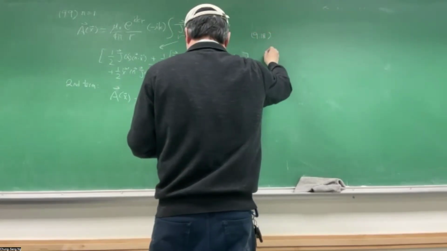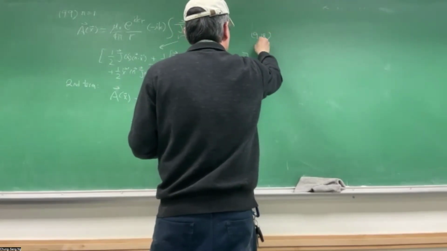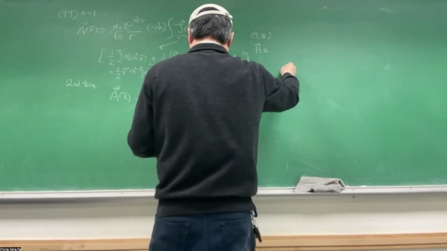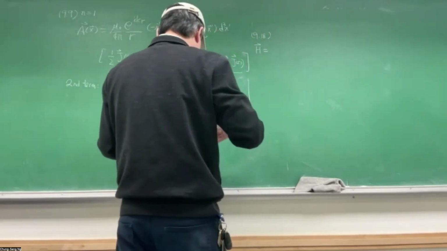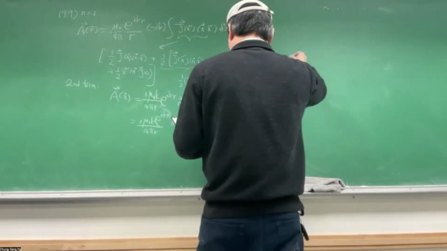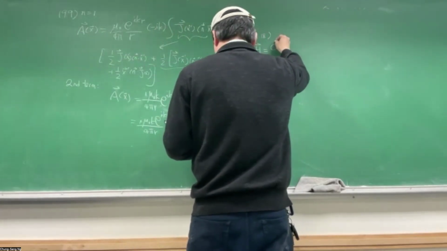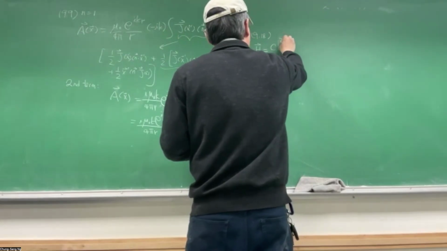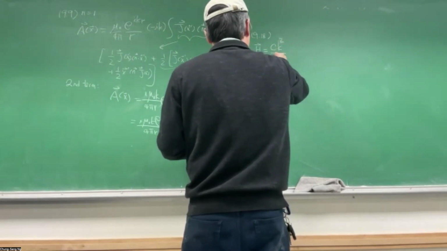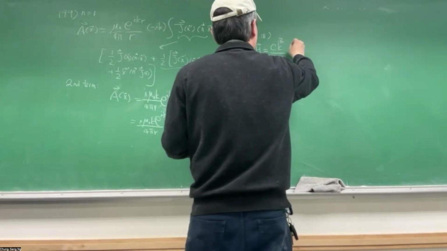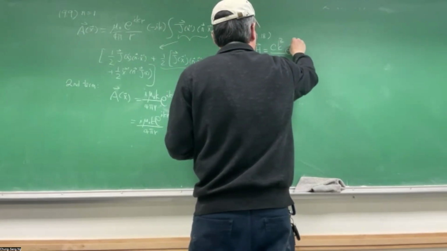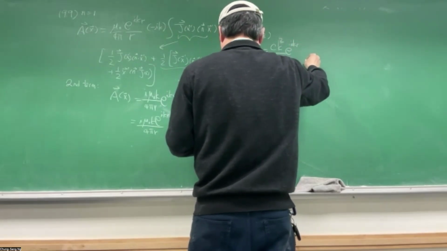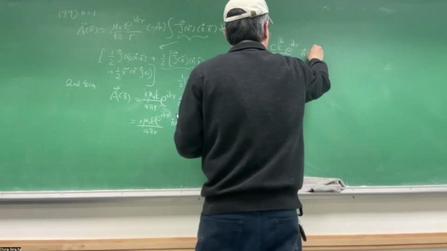This is for the electric dipole. The H field is, I'm keeping just the radiation, so k squared over 4 pi r times e to the minus i k r and n cos p.